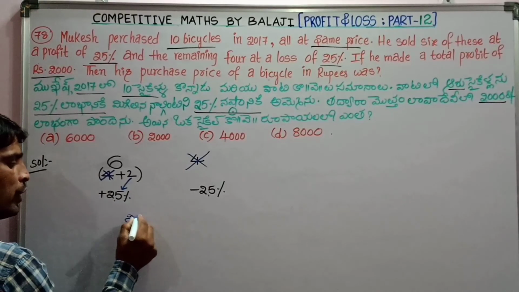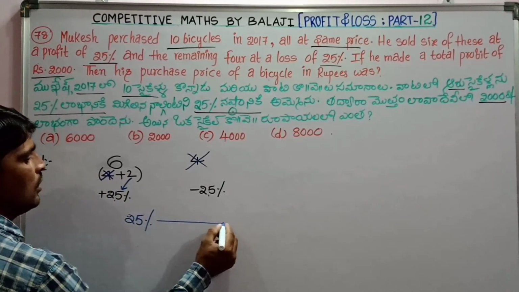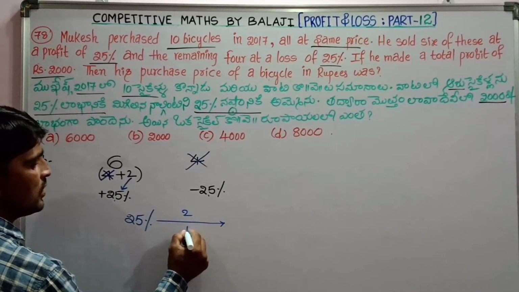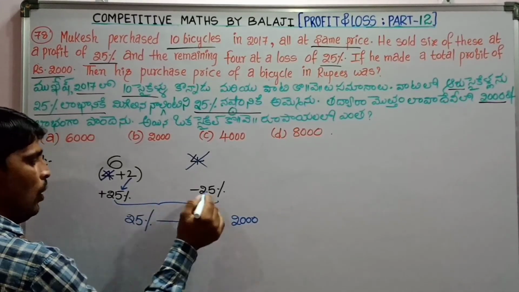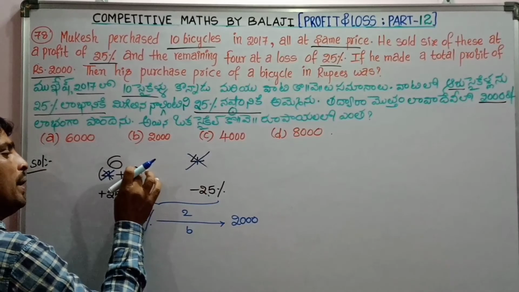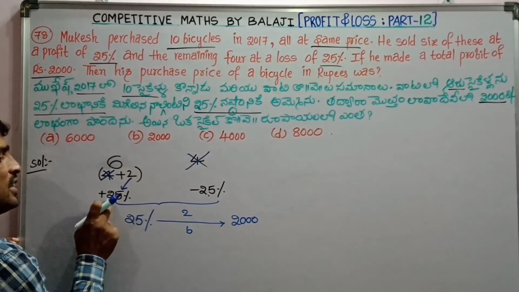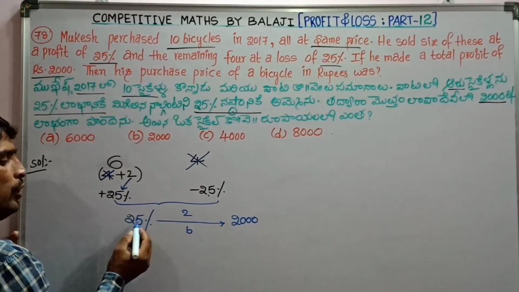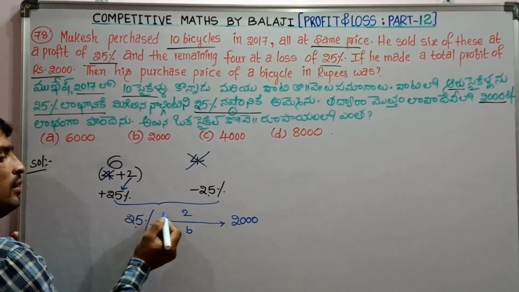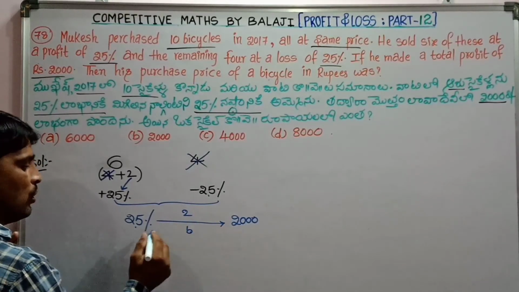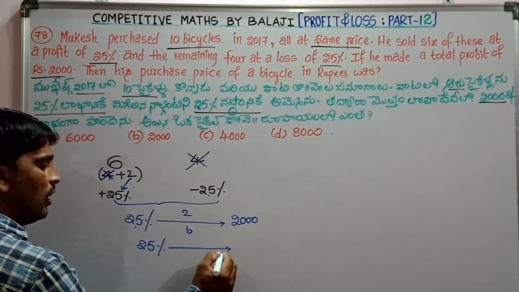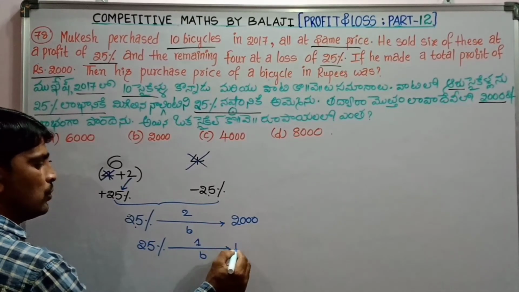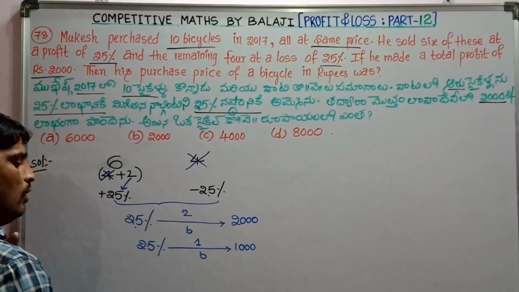Yes. 25% profit on 2 bicycles is given by 2000 rupees. Here, the overall profit is made on only 2 bicycles, that is equal to 25%. 25% profit on 2 bicycles is 2000. Now, 25% profit on 1 bicycle is equal to 1000. Okay.